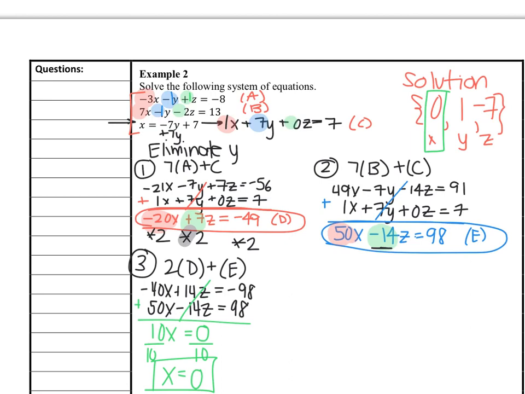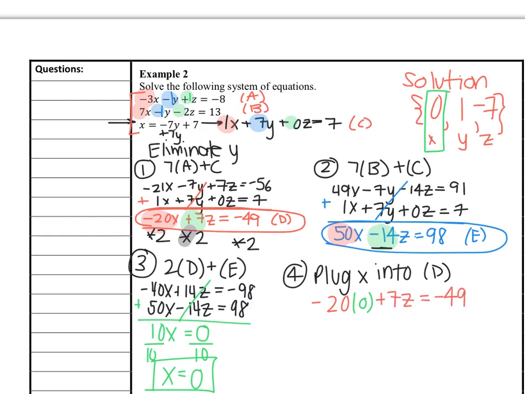Step 4, you're going to plug x into either equation D or E. Again, totally your choice. Choose whatever one's easier for you. So I'm just going to plug it into D. Seems to be my go-to. Then you've got negative 20 times the x value, which was 0, as we found, and then plus 7z equals negative 49.